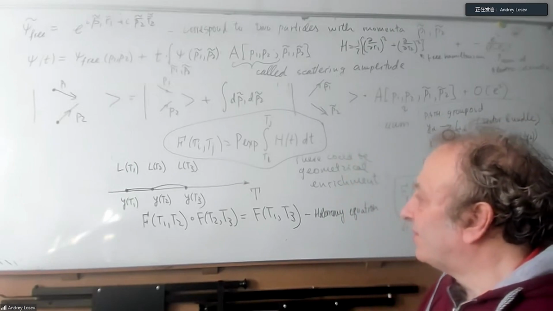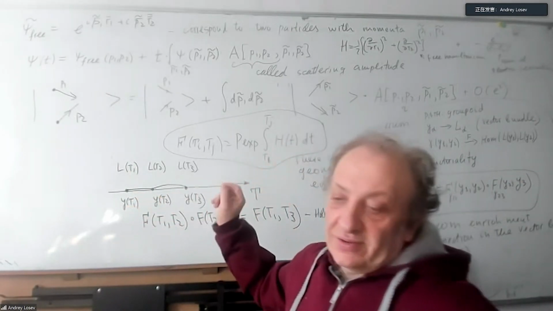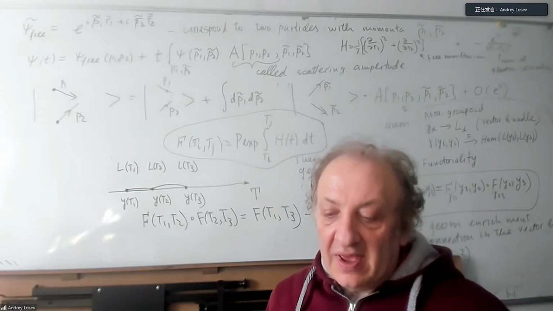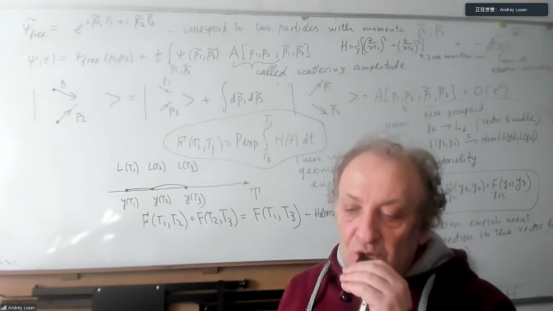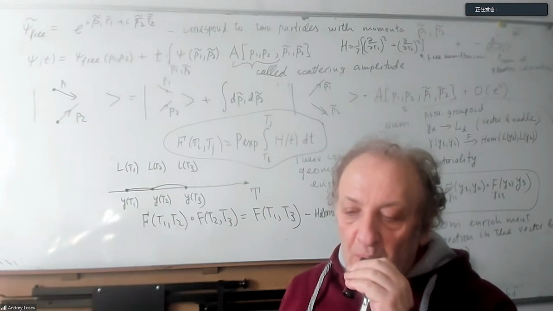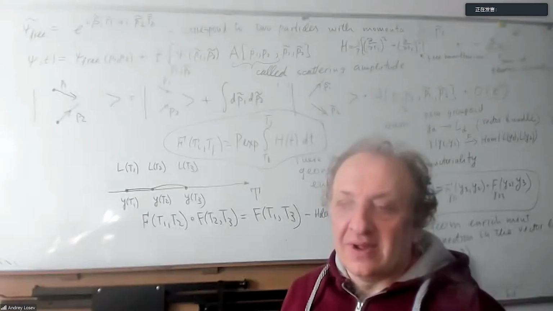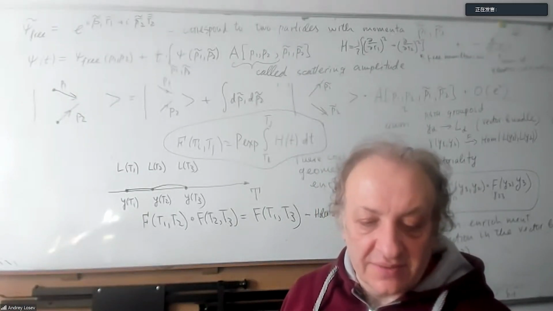So previously, objects were points, abstract points. And now they are points in time. And it fits with quantum mechanics.